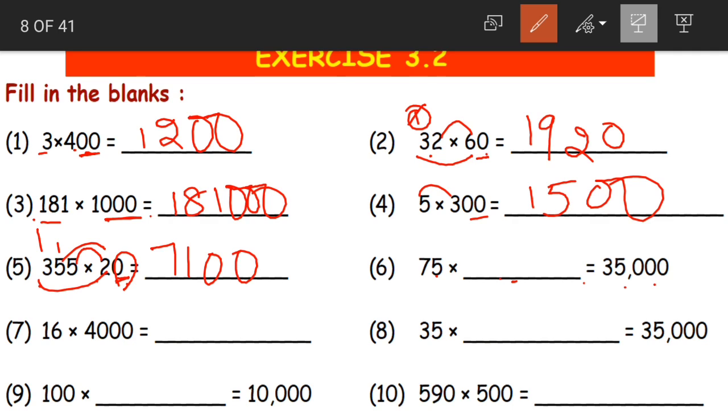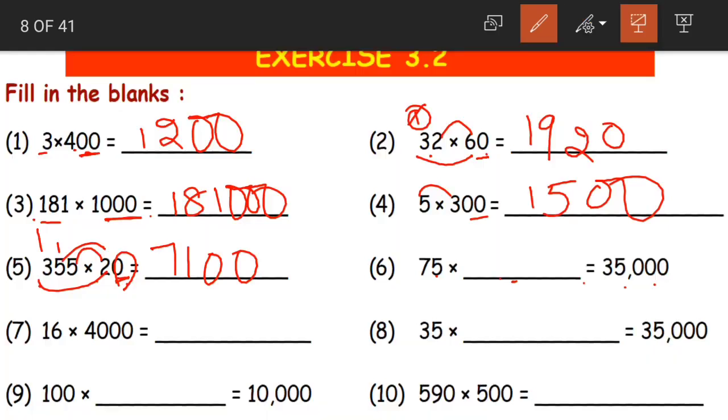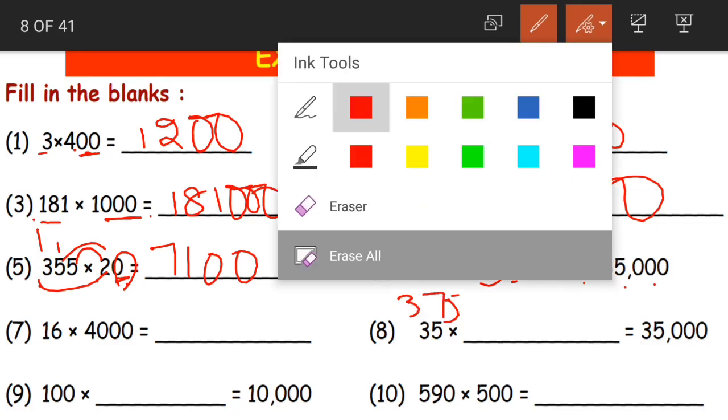See children, what are they asking? By what number should we multiply 75 to get 35,000? If we multiply it with 5, 5 5s are 25, 5 7s are 35, plus 2 becomes 37. No, that won't be the right answer.